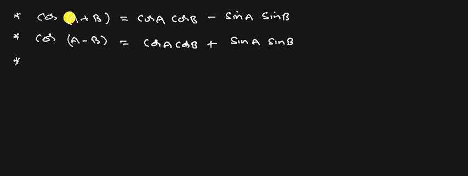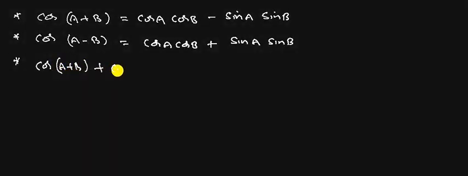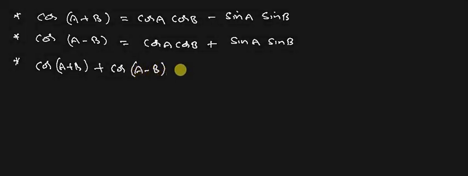I'm going to add these two quantities together, cos of a plus b plus cos of a minus b. So these quantities cancel, and the result is 2 cos a cos b, right?